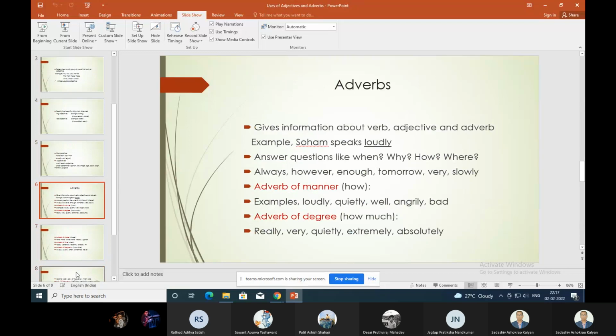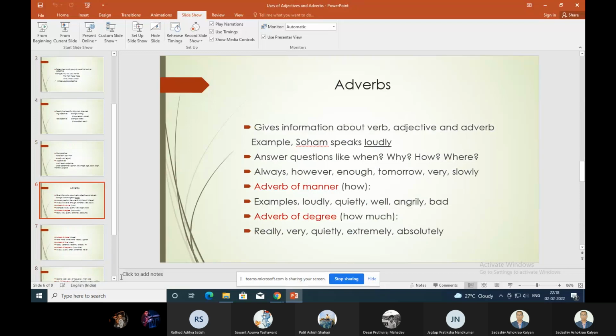Okay. Then we have studied what is meant by an adverb. Adverbs give us information about an adjective, a verb, and another adverb, and in short give us the answers to questions like when, why, how, where.